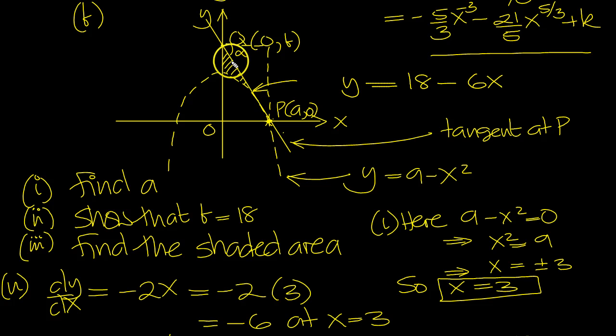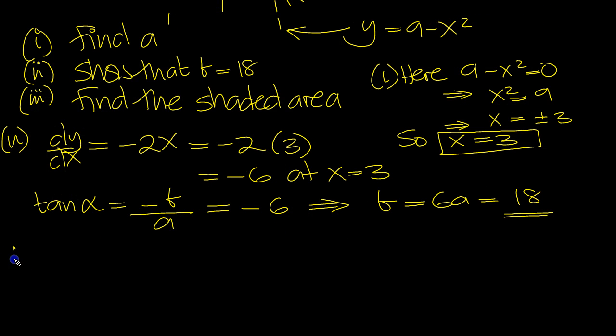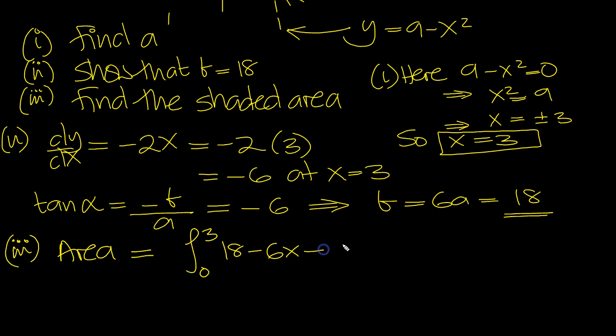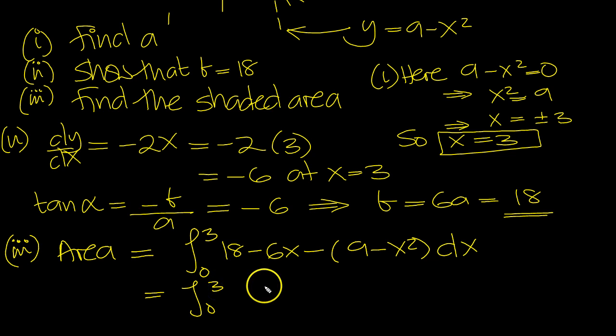And it's the difference in the heights, isn't it, of these segments here between 0 and 3. So the area of the shaded region then is equal to the integral between 0 and 3 of the difference between the y values, 18 minus 6x minus the 9 minus x squared. So there's the difference between the curves, 0 to 3.